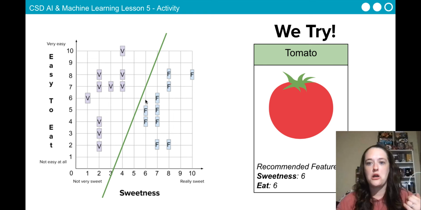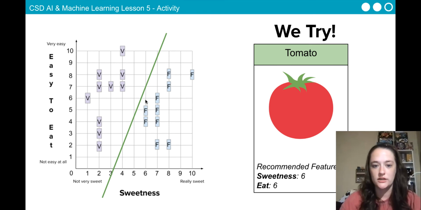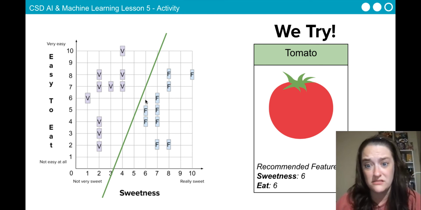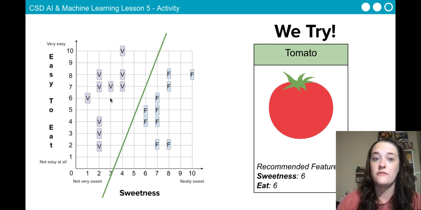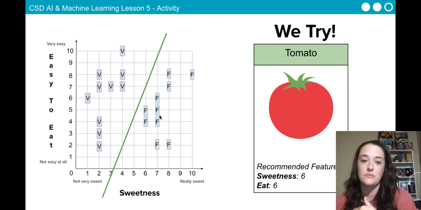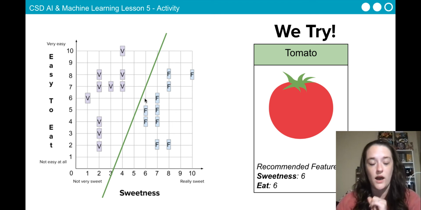So where does the tomato fall on your chart? All right. I don't think tomatoes are that sweet. I would probably put it on like the 3 for sweetness because they're pretty acidic. And so that would put it on the vegetable side. But based on these numbers, it's a 6x and a 6y.